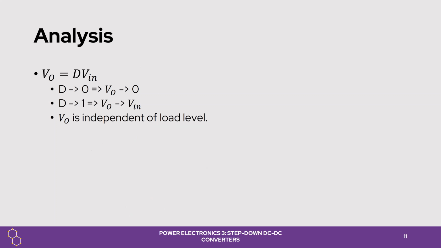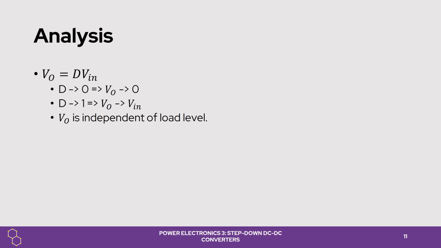As we've seen, the duty cycle is managed by the transistor, by the MOSFET. It's managed by the driver circuit of the transistor, the input, and the switching frequency of the transistor. And when the duty cycle is equal to 0, the voltage output would be 0.